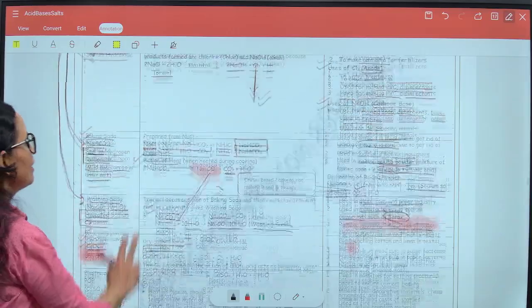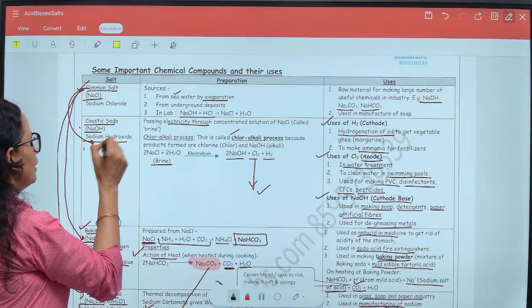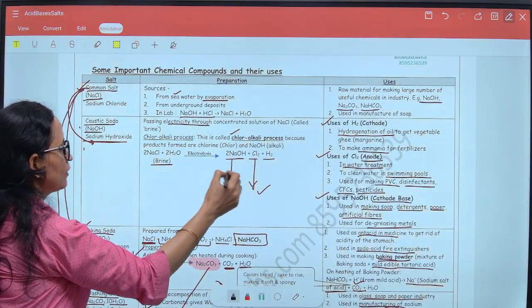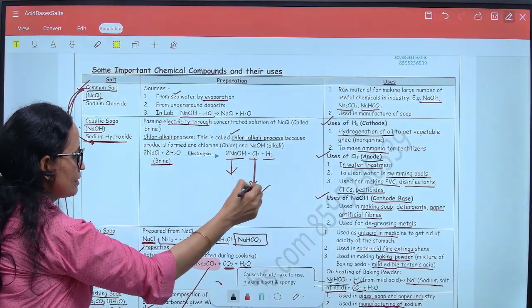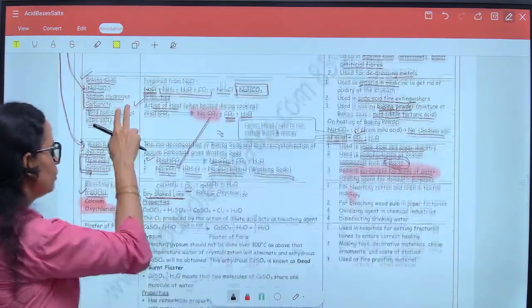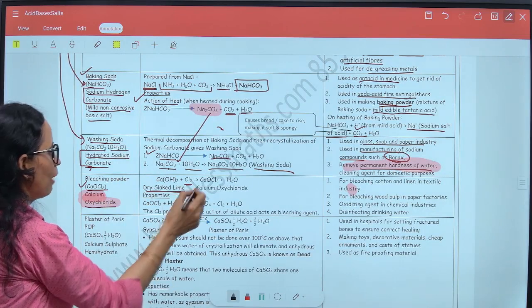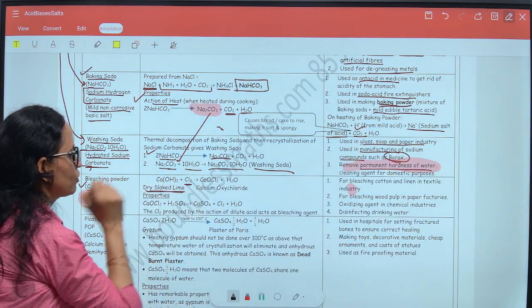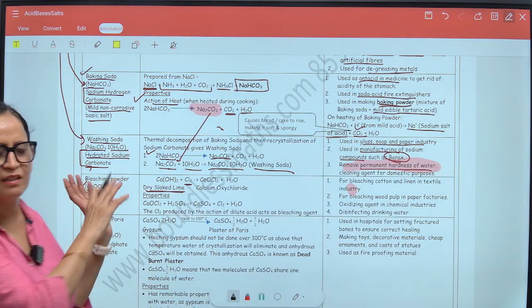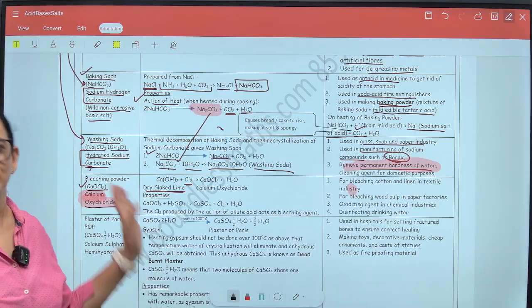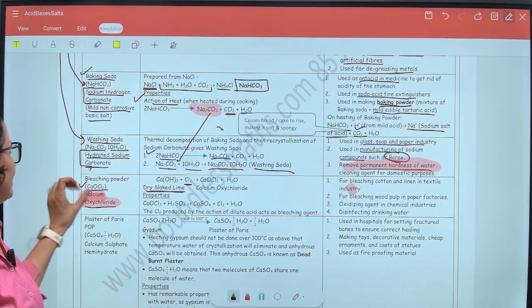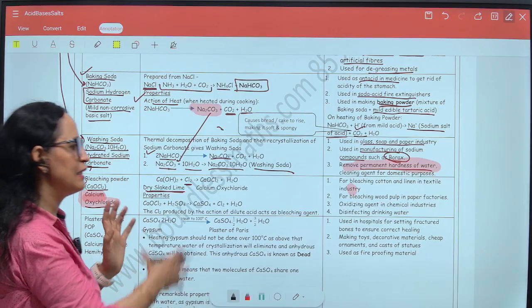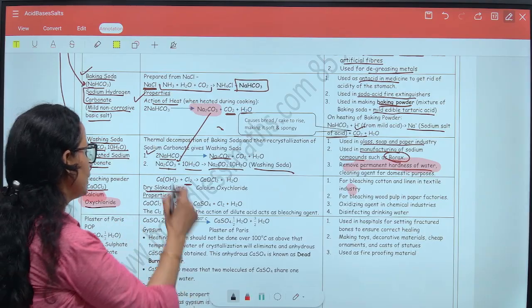From NaCl you created NaOH by the chloralkali process, and another product of this process was Cl2, and using this Cl2 you created bleaching powder by passing it through dry slaked lime. So indirectly NaCl is used to make bleaching powder also, even though there is no Na here. So all these are interrelated, and this is how you can learn them.